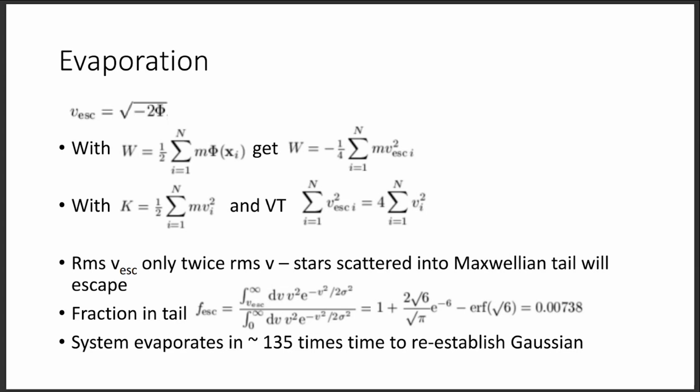The kinetic energy, we've agreed already, is half m v i squared. And by the virial theorem, we know that this is minus a half of that.